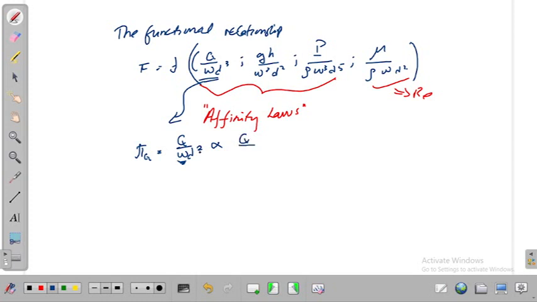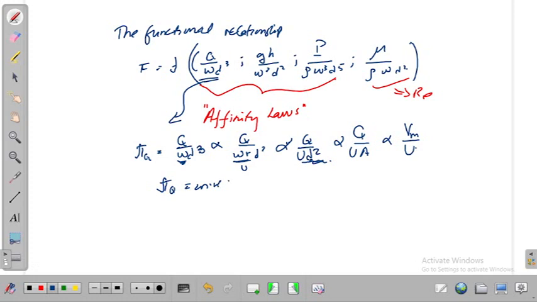So this is proportional to Q over omega r D squared, and this one would be U. So this is proportional to Q over U D squared, which is proportional to Q over U A, since this is a dimension of area, and this is proportional to the velocity over U. So if we say that pi Q is constant, this means that the ratio Vm over U is also constant in the two different operating conditions.